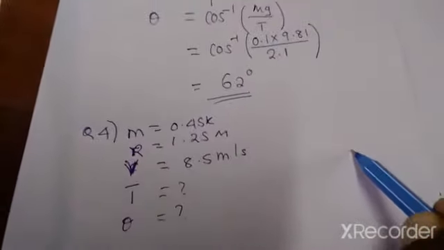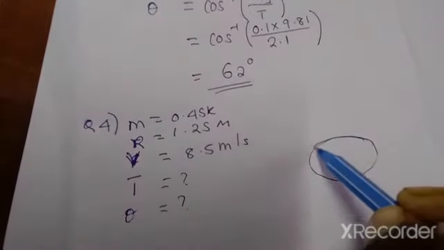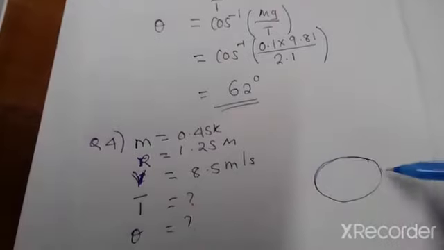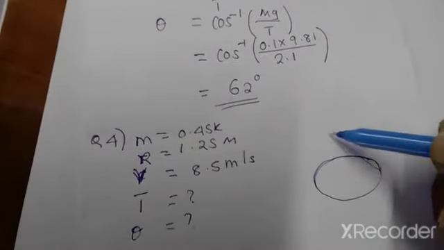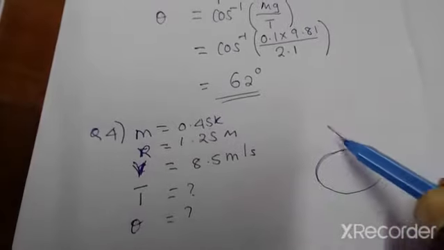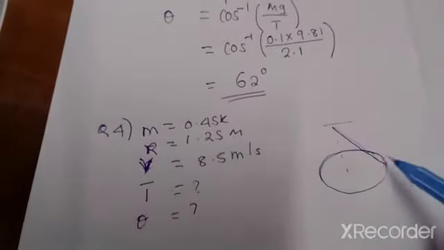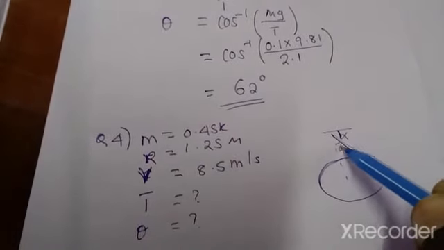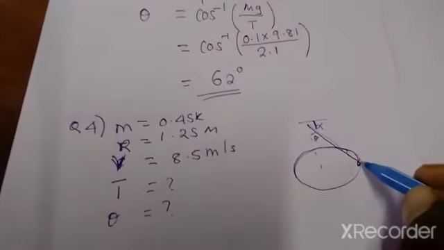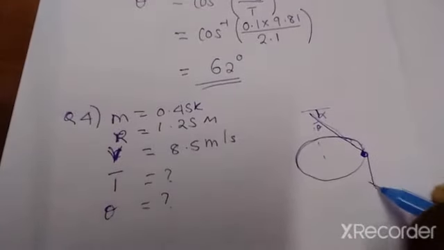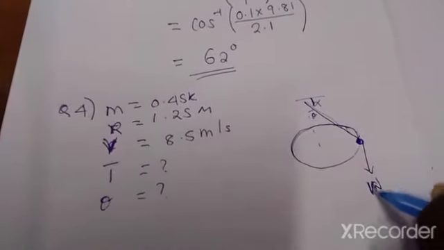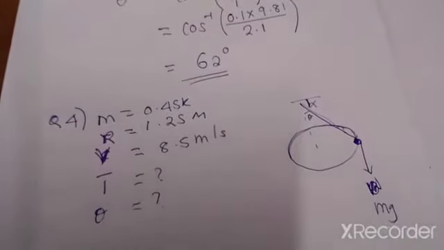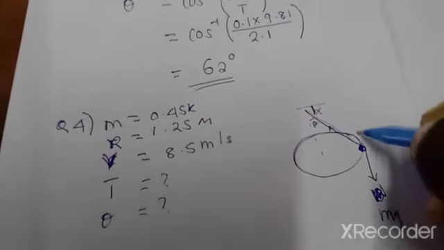All right, so we've got a similar situation. We have a ball that is moving in a circular path, and the drawing is not good, but okay. So we are looking for, we can call this alpha and we call this angle theta, whichever you want. So this ball here, just like the ball in the previous question, has the weight mg acting on it, and there's the tension which is acting in components.